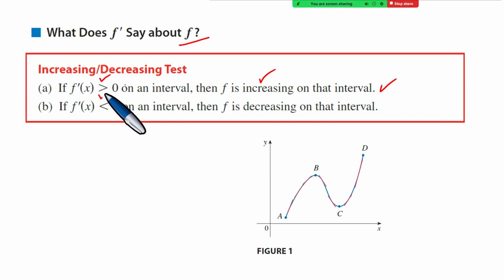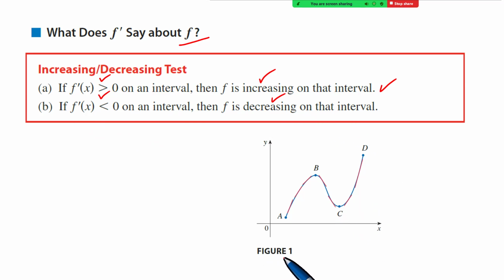What happens if the derivative is negative? If f prime of x is negative, less than 0 on an interval, then f is decreasing. So we are effectively saying that if ever the first derivative is negative, less than 0 on an interval, then f is decreasing on that interval.